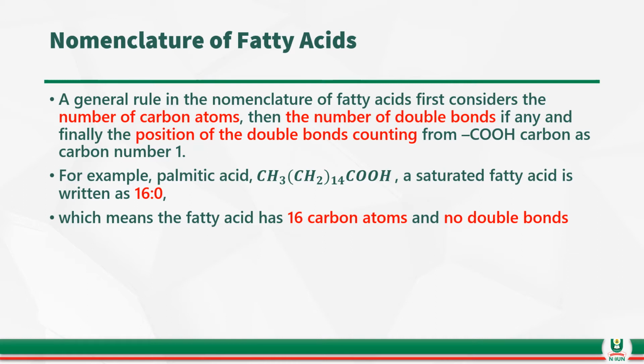If we need to name this acid, we have to consider the number of carbon atoms. From what we can see, it has 16 carbon atoms, and it is saturated because there's no indication that it has a double bond. So now we'll see how we can name it.